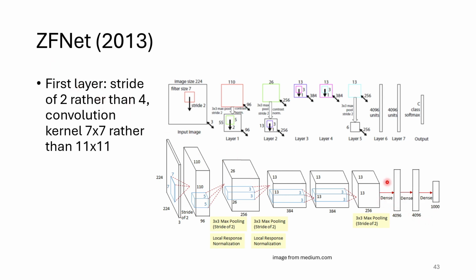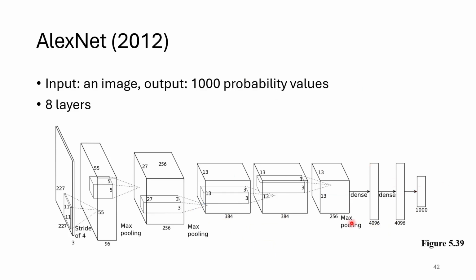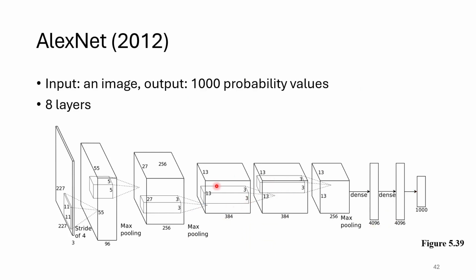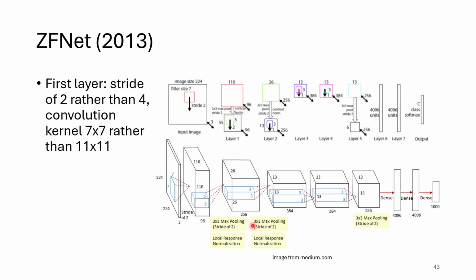So you can see the last 3 dense layers are totally the same. Dense. And the resolution of the 8th, 7th, 4th, and 3rd layers are totally the same. You see the number 13, 384, 13, 384, totally the same.